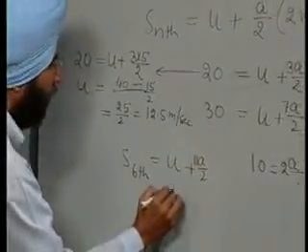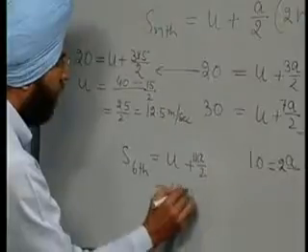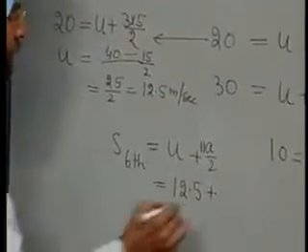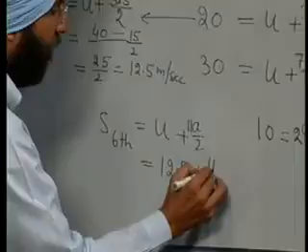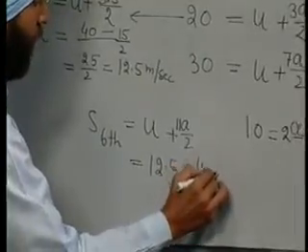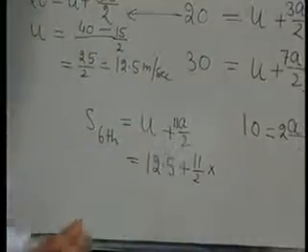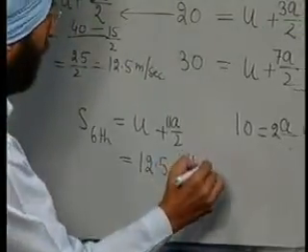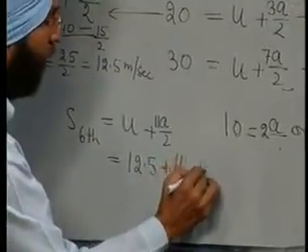U is equal to 12.5 plus 11.2 into A. A is equal to 5.